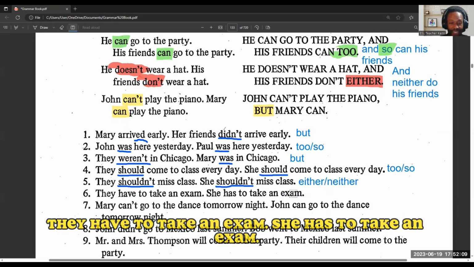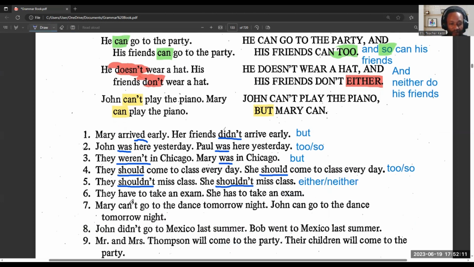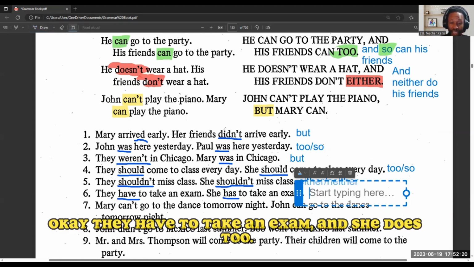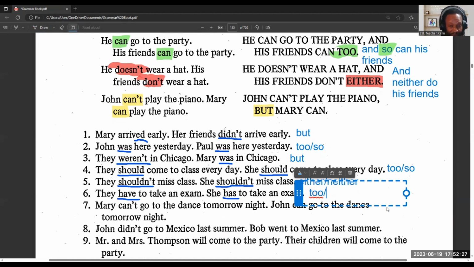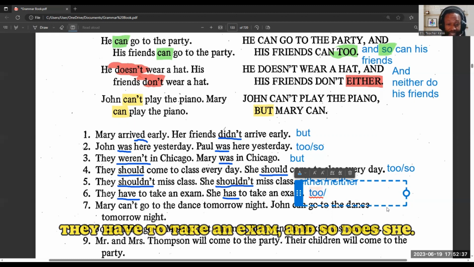She has to take an exam. Okay. They have to take an exam, and she does too. They have to take an exam, and so does she.